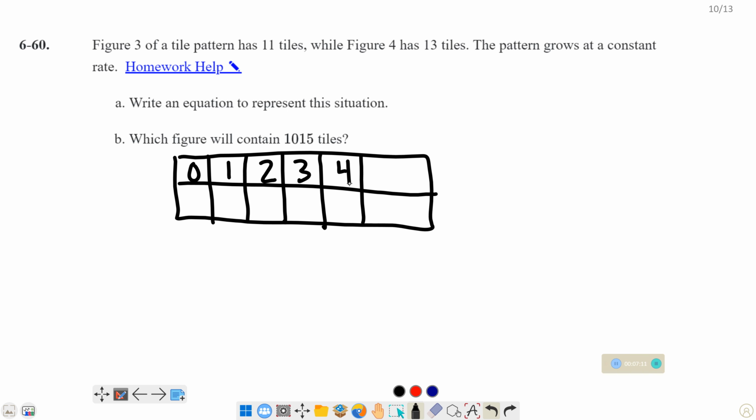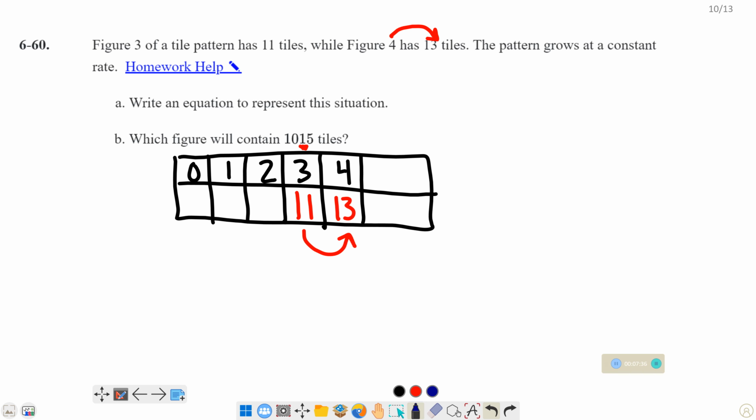I don't really need 5. Okay? Now, our problem tells us that figure 3 has 11 tiles, so I can go to figure 3 has 11 tiles. Then it tells me figure 4 has 13 tiles. Okay, now I notice my growth.